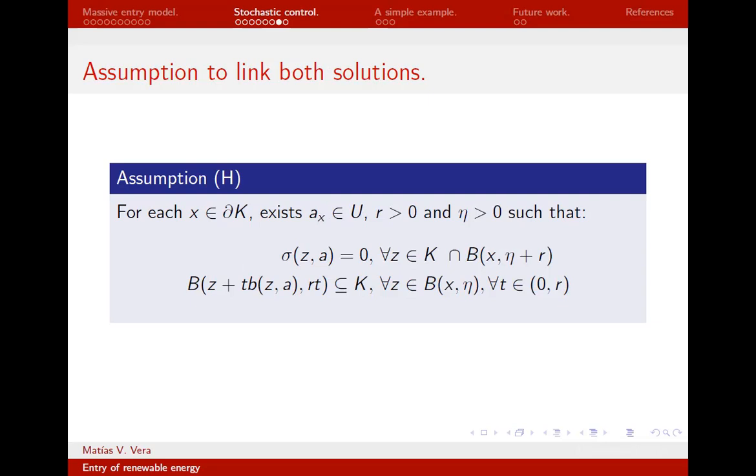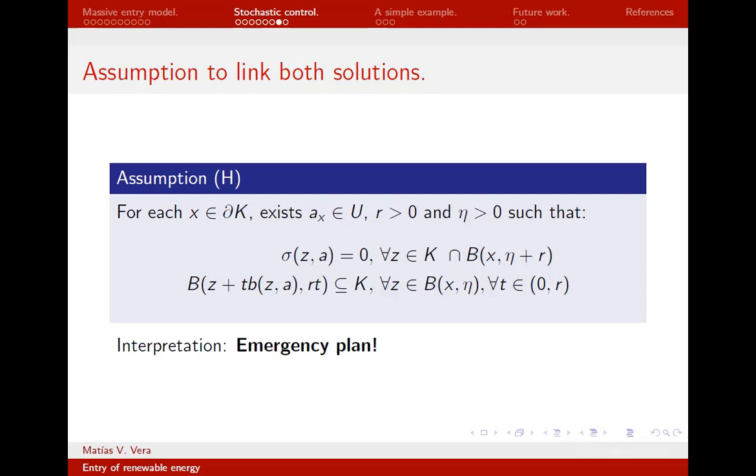And it's something interesting about this assumption. What does it mean in our problem? What we want is, in the boundary, kill the volatility and go back inside. What if we were in the boundary of the set of our main problem? It means that we're in a critical case in which we need to produce everything at every node. Because if we do not, we cannot fulfill the demand.